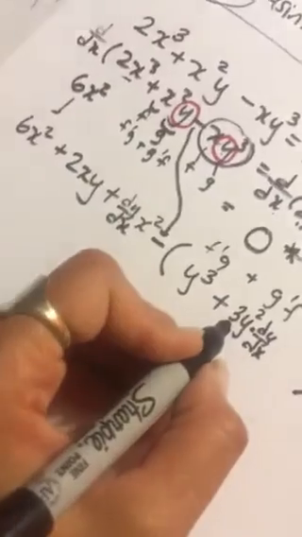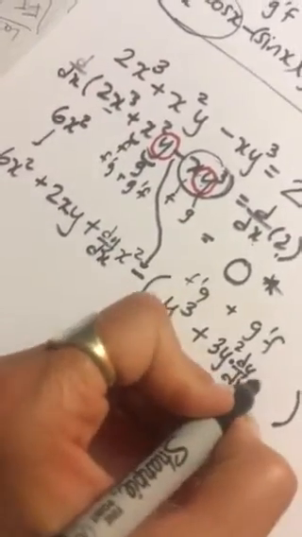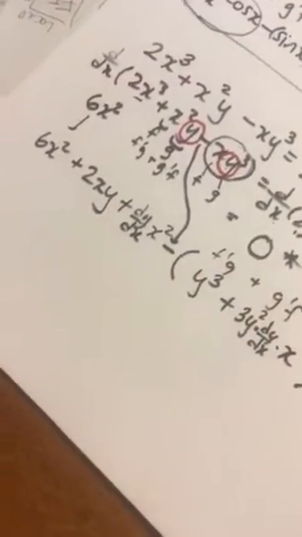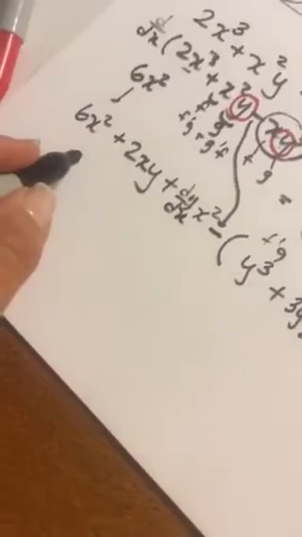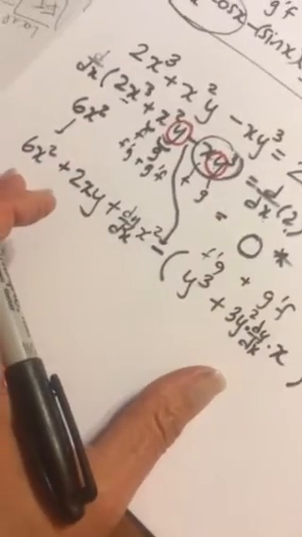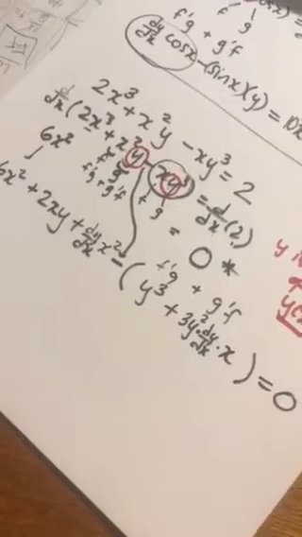Okay, so now in this case we have 3y squared dy dx for g prime times f, which in this case was just x. And now we can go through, and all of this equals 0. So now we can collect all the terms that contain a dy dx on this side of the equation, everything else on the other side, and then solve for dy dx.